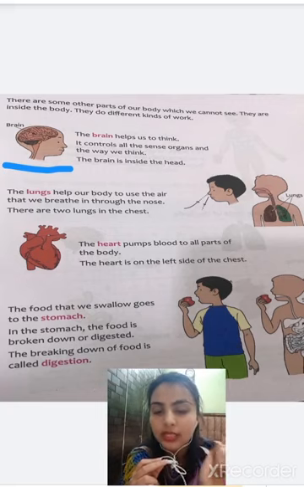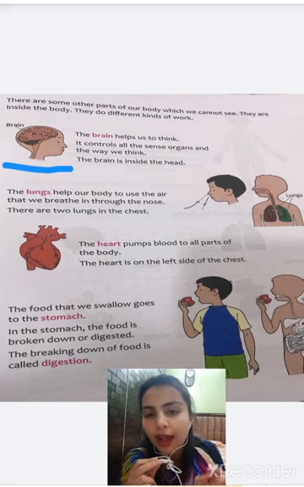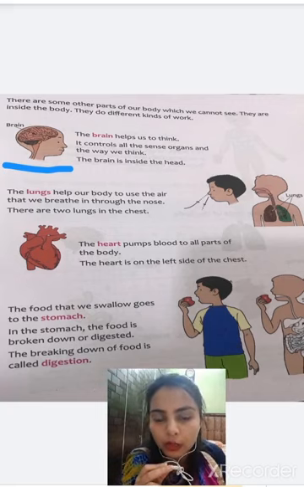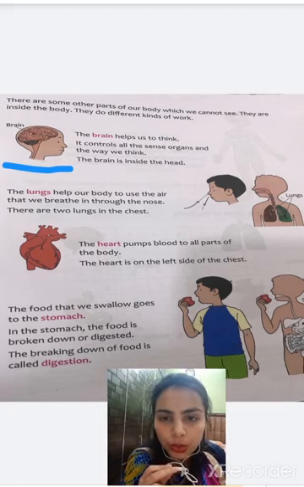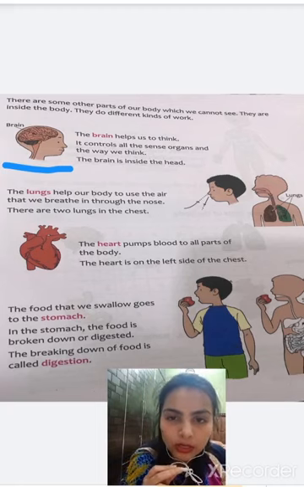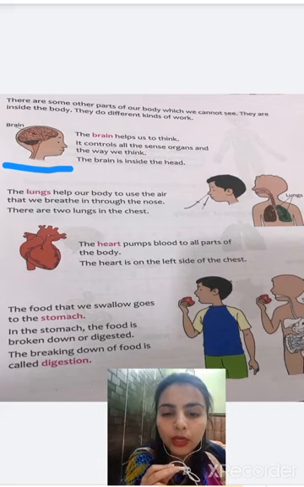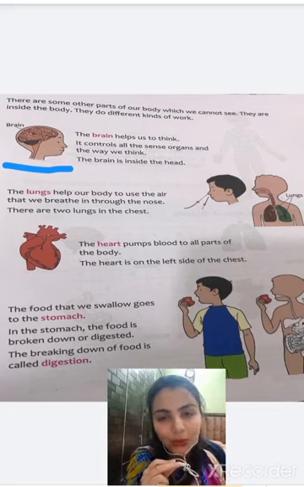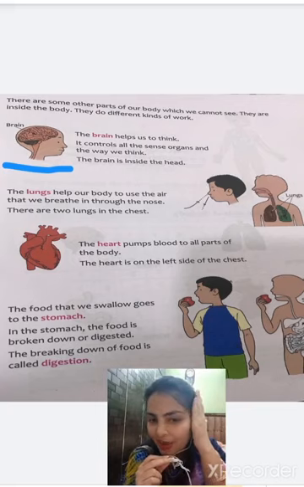The brain gives you the sense that it is burning in your hand. So the brain controls all the sense organs and the way we think. The brain is inside the head. We all know the brain lies inside our head.